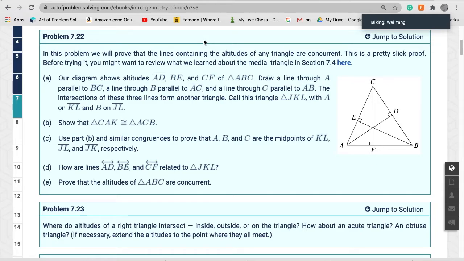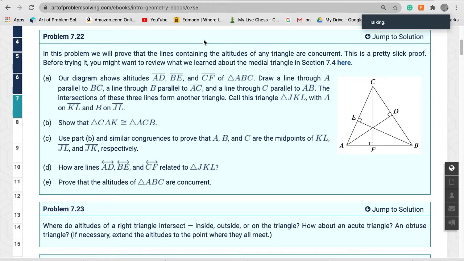This is a pretty slick proof. Before trying it, you might want to review what we learned about the medial triangle in Section 7.4. Now let's keep reading this.